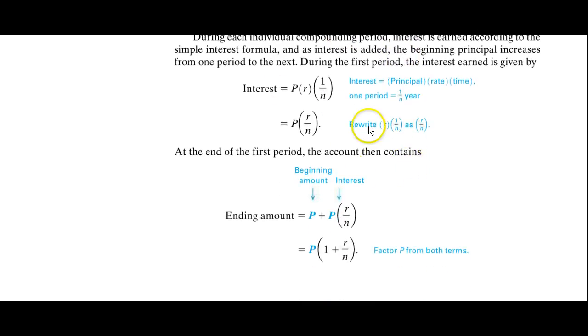And they go through it and bring you up to the basic formula: your future amount is equal to the principal, times, in parentheses, one plus your rate divided by n, which is the number of times it will be compounded during that particular year.